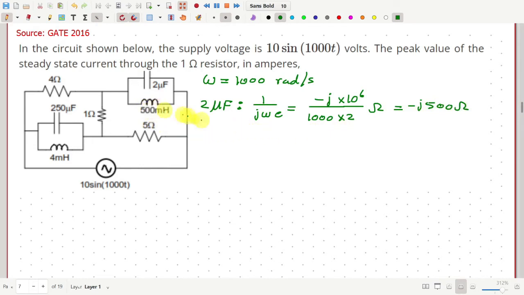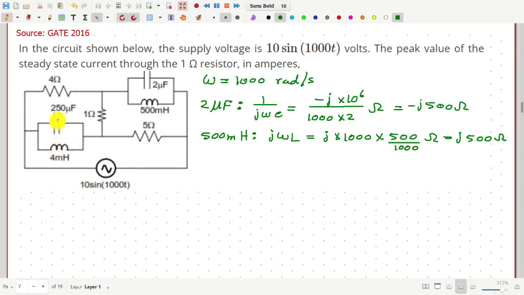Then for this 500 millihenry inductor, the impedance is j omega L, which is equal to j into 1000 into L is 500 millihenry. So this will be in ohm, which is equal to plus j 500 ohm.